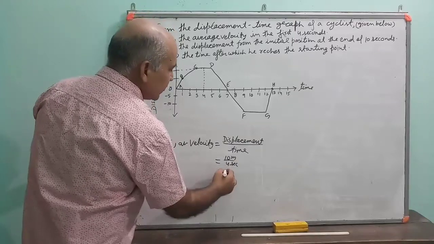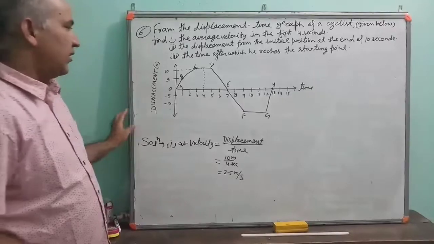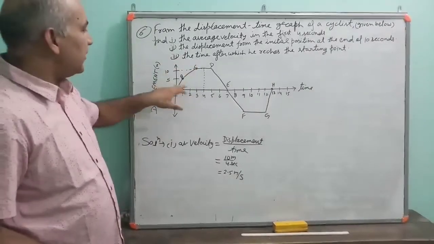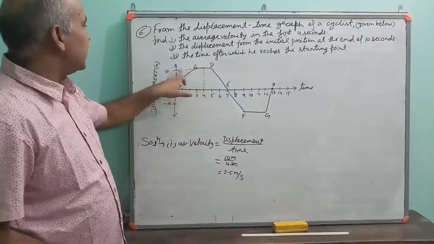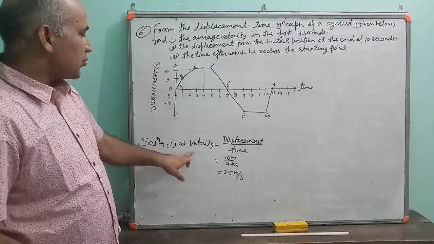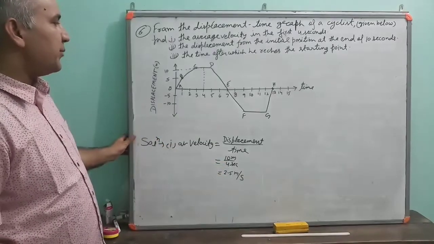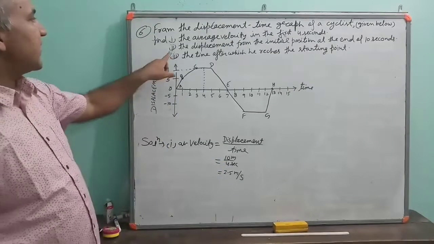So what will be the velocity? 2.5 meter per second. Displacement in 4 seconds is 10 meter. So average velocity will be 10 by 4, that is 2.5 meter per second. Now see the second one.